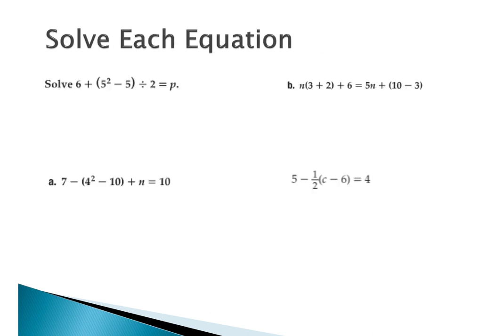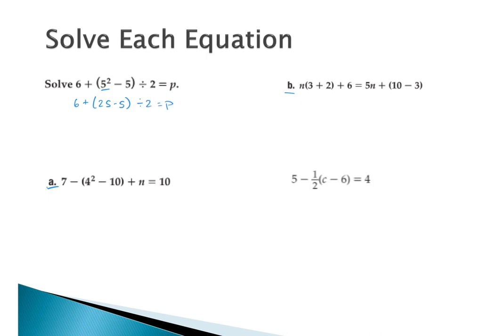All right. Now with this one, you're going to solve each equation and write your answer as a solution set. I'll solve the first and the last one with you. You're going to do A and B on your own. All right, so here we go. Now, whenever we start, we're going to always start with PEMDAS. So parentheses is first. And inside of parentheses, we have our exponent. So this is going to be 6 plus 25 minus 5 divided by 2.